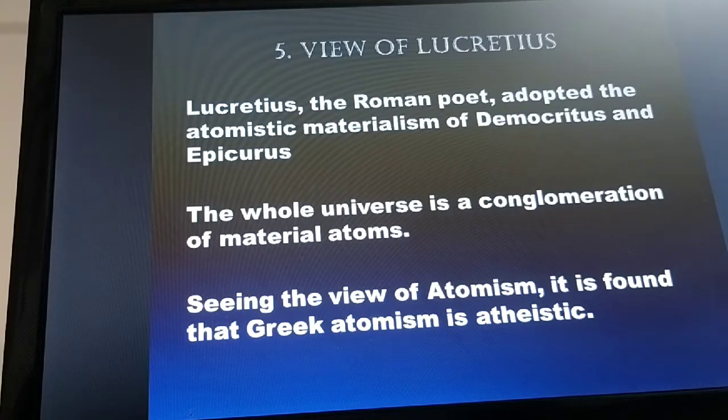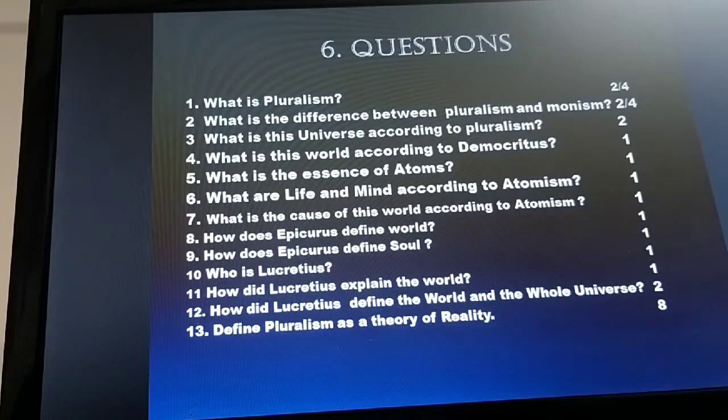These are some of the points we find from the discussion of atomistic pluralism.